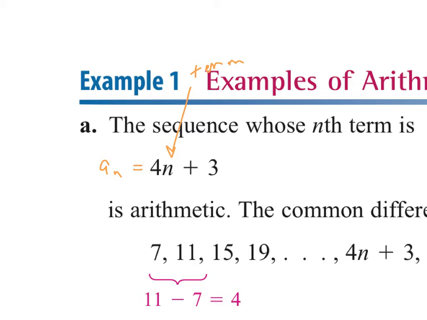The number that we multiply by n, 4, is our d, our common difference. And the number we add or subtract is our a sub 0, so our 0th term.